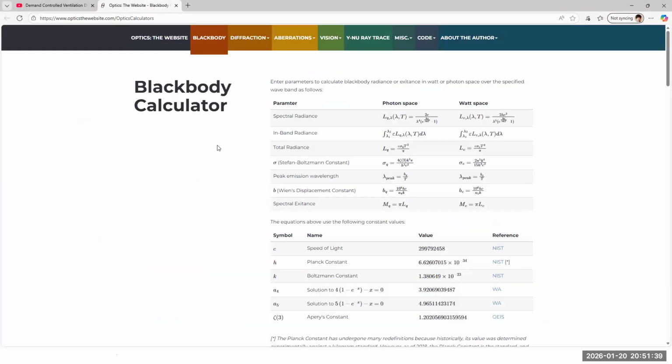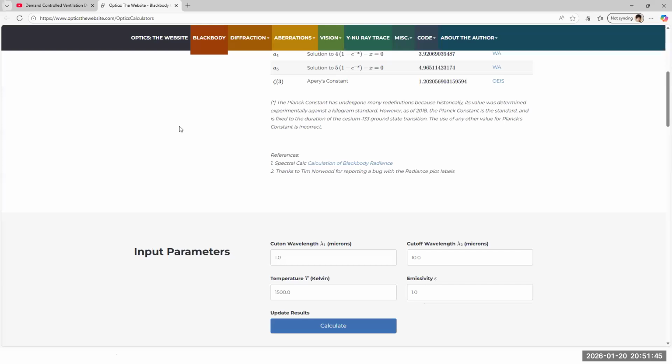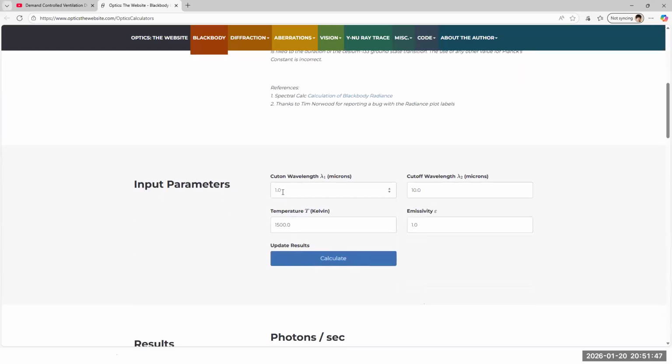Here we do the calculation with the black body calculator. This is for a black body. We set the cut-in wavelength to 1, and the cut-off to 30.